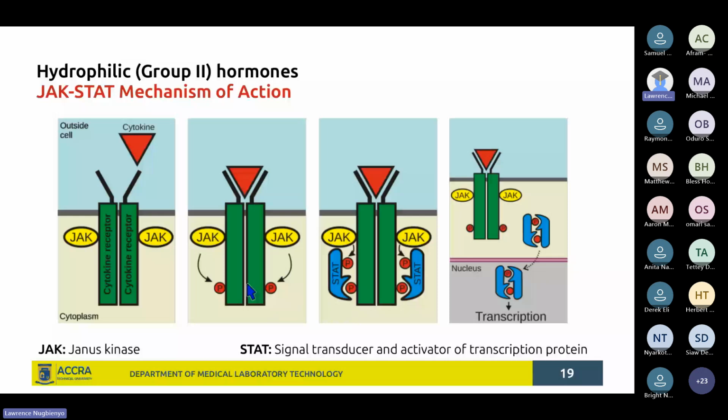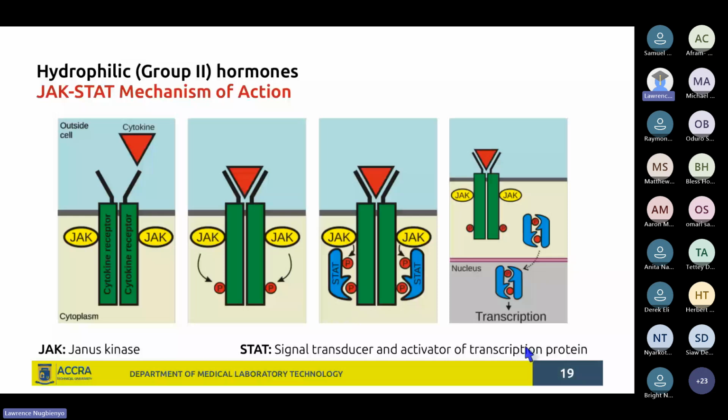And the second phosphorylation binds together with another protein, two other proteins that have come to bind there, and that is STAT. That STAT also means the signal transducer and activator of transcription protein.